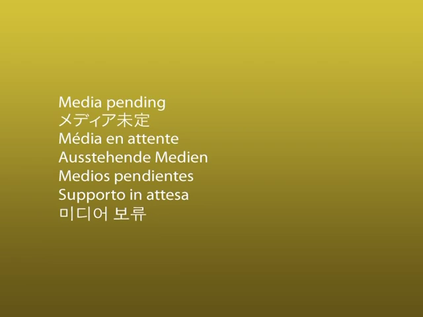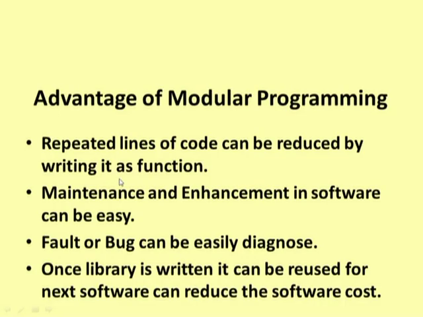Now I want to provide some extra features to one functionality only. Then in the modular approach I have to change the code of only that module. Clear? So maintenance or enhancement in the software is very easy by modifying only some portion of the function, and wherever in the software it is called, everywhere there is an effect of the modification.